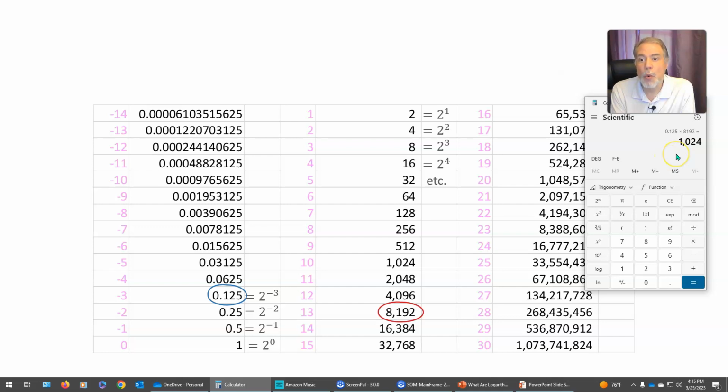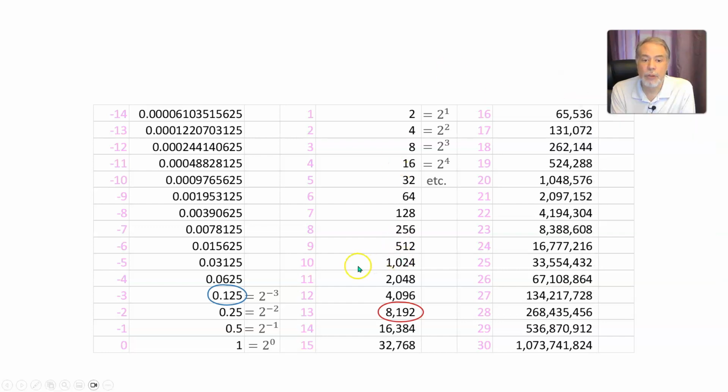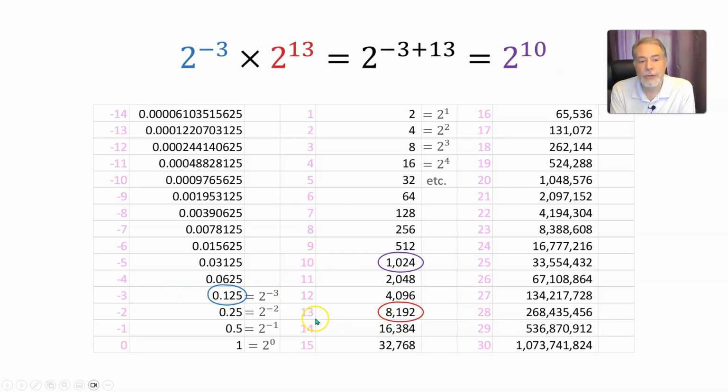In fact, it's 1,024, which is right there. And notice that comes from, if we take -3 plus 13, we get 10. So 2 to the -3 power, which is what 0.125 is, times 2 to the 13th power, which is what 8,192 is, gives us 2 to the -3 plus 13th power. That is 2 to the 10th power, which is 1,024.